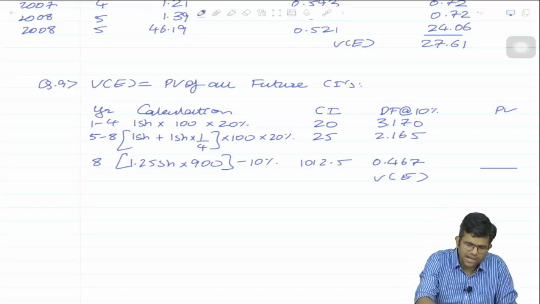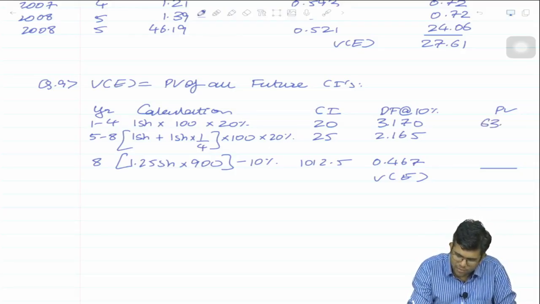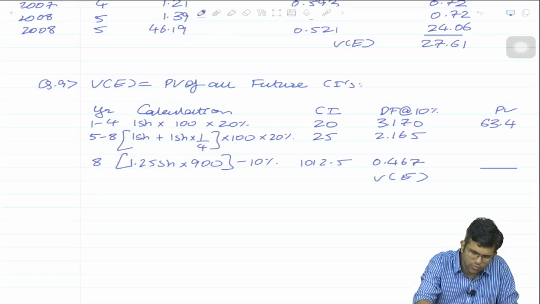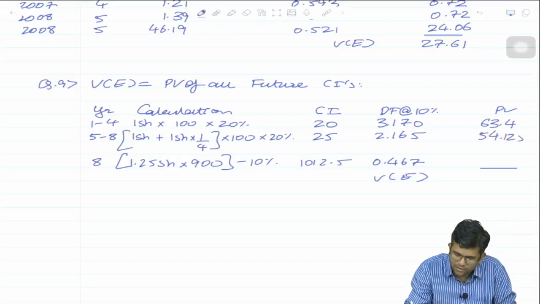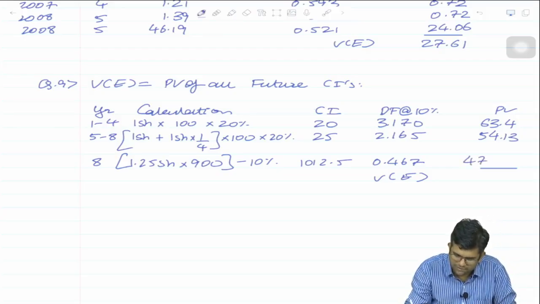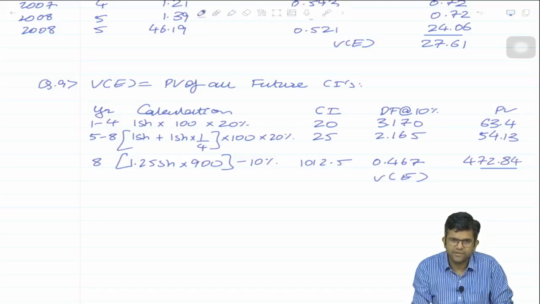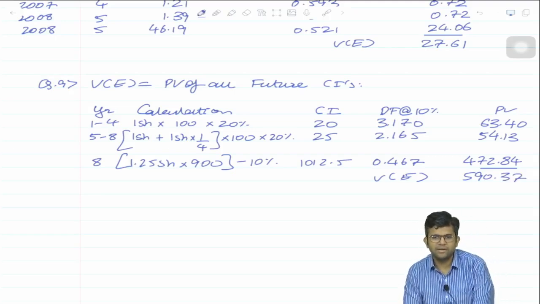Now then I will take the calci. 20 into 3.17, this is 63.4. 25 into 2.165, okay, this is 54.125, which I will round off to 54.13, and then 1012.5 into 0.467, this is 472.84, okay, 472.84, and the total comes to 590.37, okay, 590.37. Everyone clear?